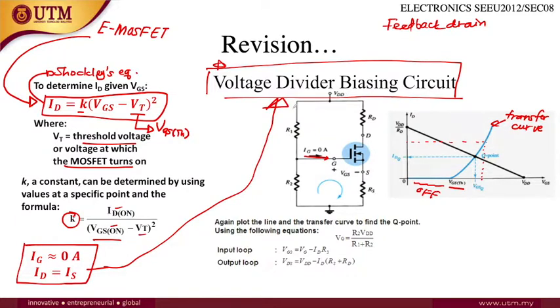The configuration of this circuit is the same as BJT, where there is R1, R2, RD, and RS. In order for you to solve this circuit, first of all, you need to plot the transfer curve. To plot this transfer curve, again, you need to use Shockley's equation.